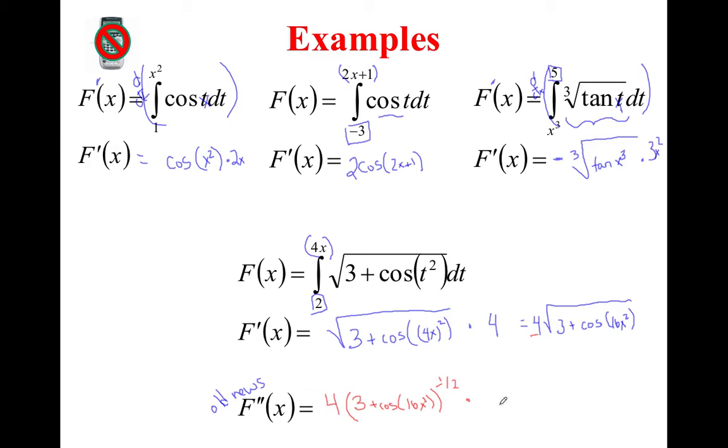Spit out the derivative of the inside. What's the derivative of the inside? The derivative of 3 is nothing. The derivative of cosine is negative sine times 16x squared. Spit out the derivative of 16x squared, which is 32x. OMG.